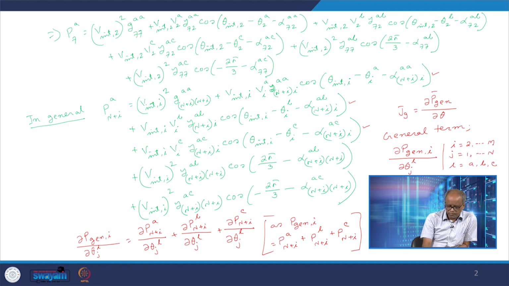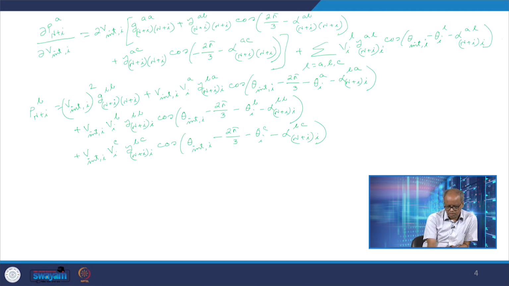Now V internal I into V internal I, Y n plus I, n plus I B A. So it would be plus V internal I whole square Y n plus I, n plus I B A cosine.